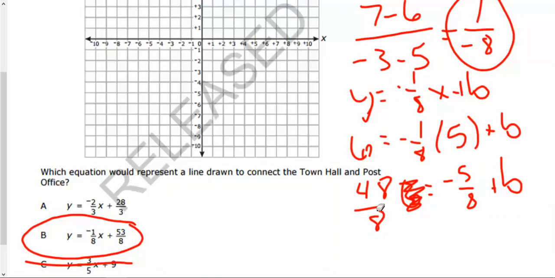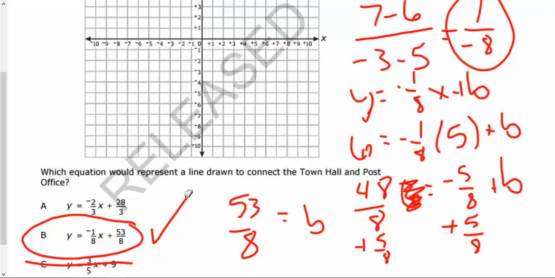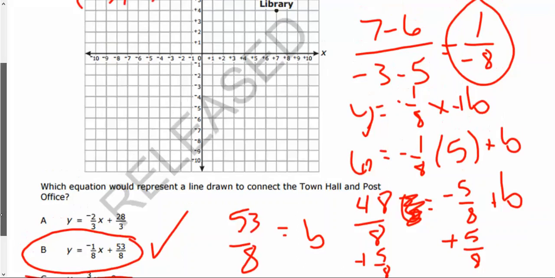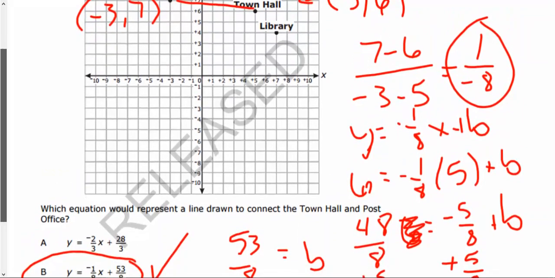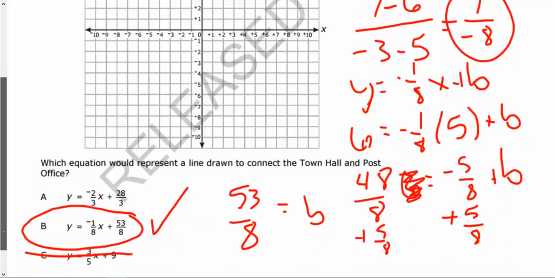The reason I want to do this is because I know my next step is to add 5/8 to both sides. And so b is 53 over 8. And we're good. We know we did it correctly. We could also approximate 53 over 8 and get that to be a little bit less than 7, which we see is where our y-intercept should hit, right? We're essentially 3/8 off from that.